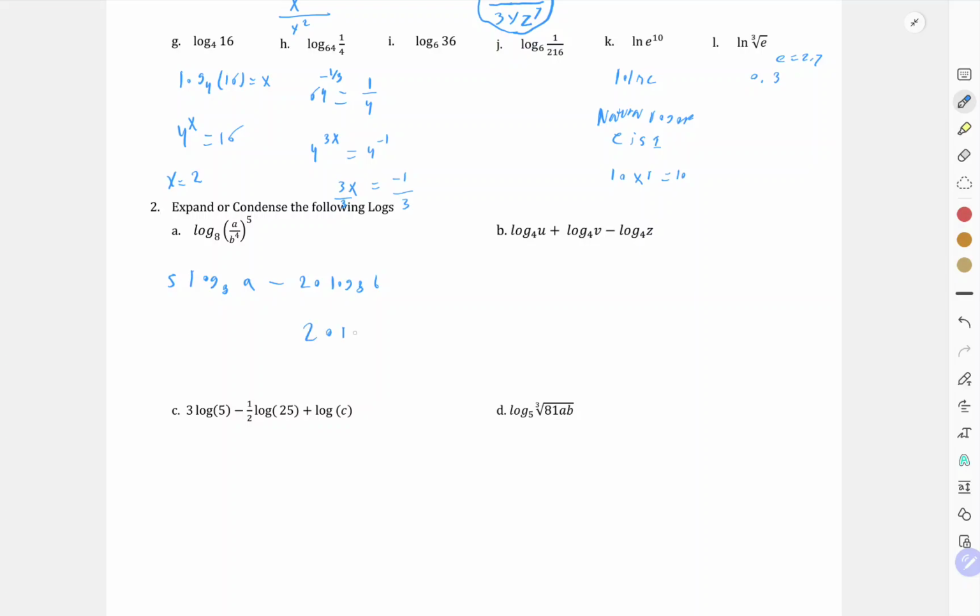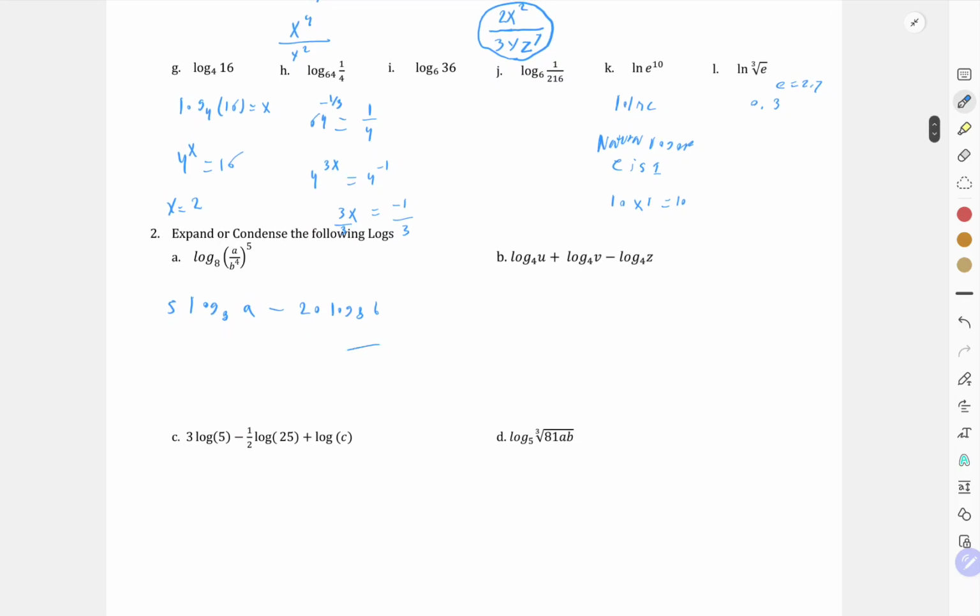So for example, 20 log 8b, no, you can't. There's no whole number that could take that place. Not even for this one, not even for the first one.